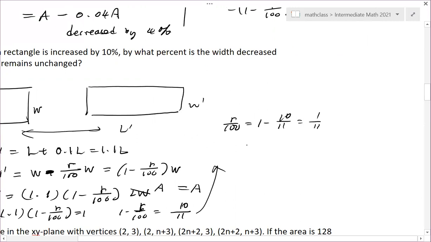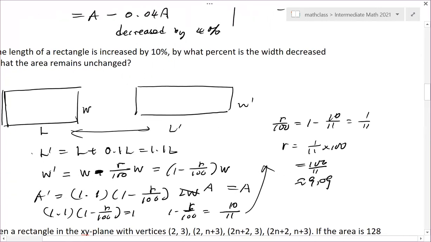So R is going to be 1 over 11 times 100, that's 100 divided by 11. You estimate 100 divided by 11 is about 9.09. So that means the width should be decreased by about 9.09% in order to keep the area unchanged.